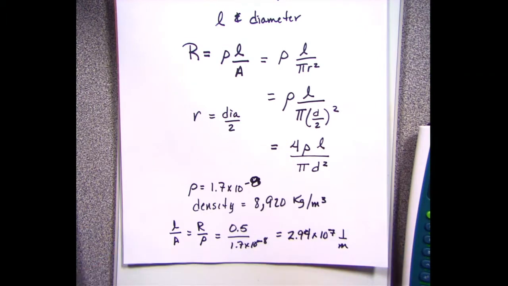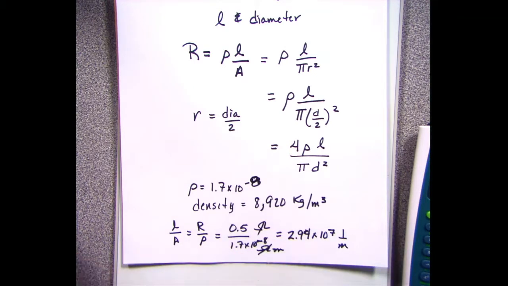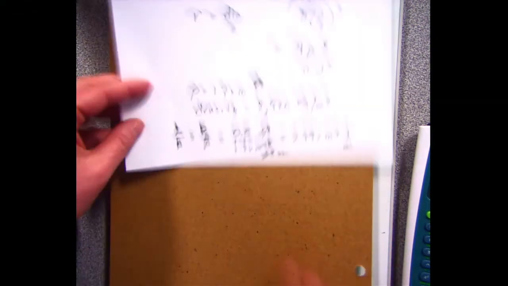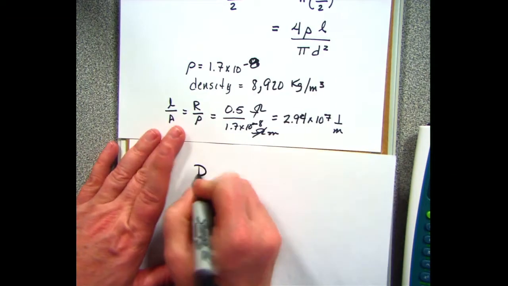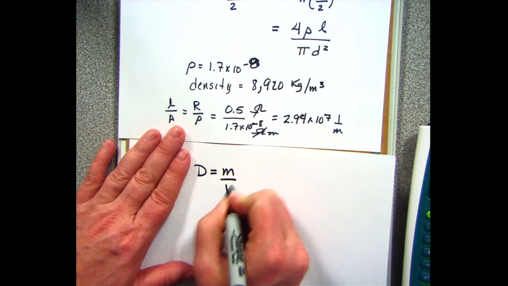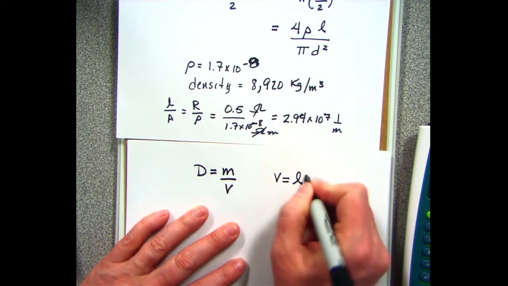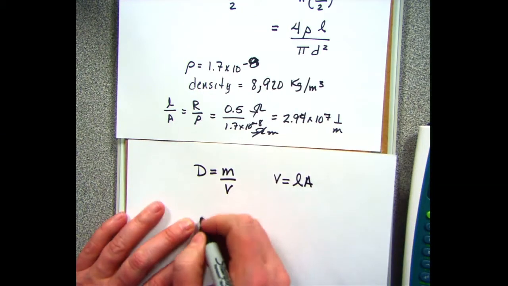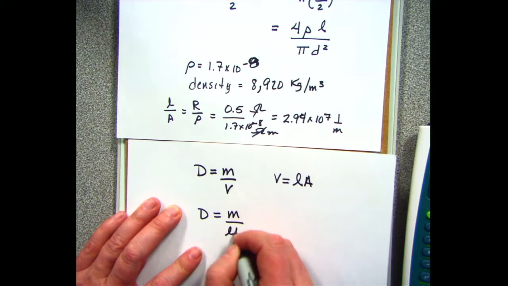Density is equal to mass per unit volume. Volume is length times area. So density is equal to mass divided by length times area. If I'm looking for area, that's going to be mass divided by density times length.